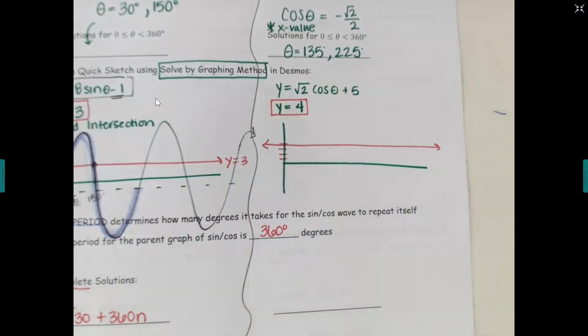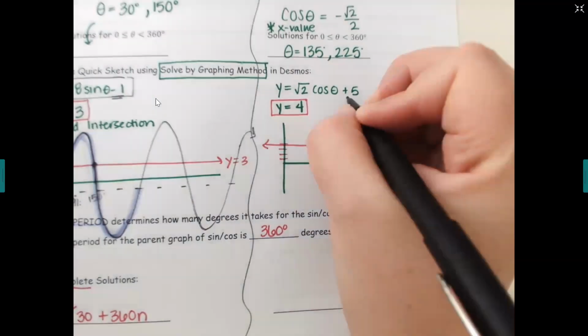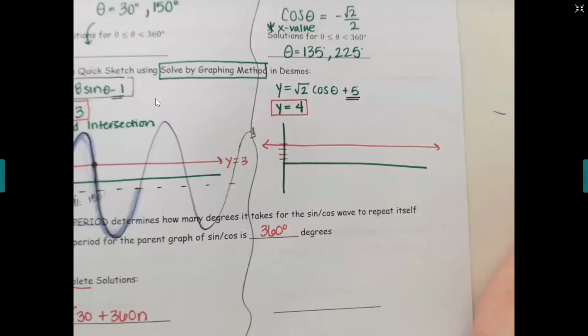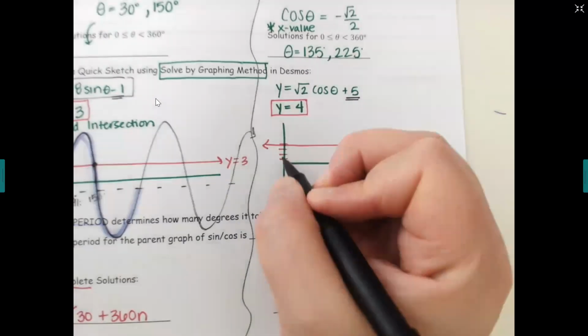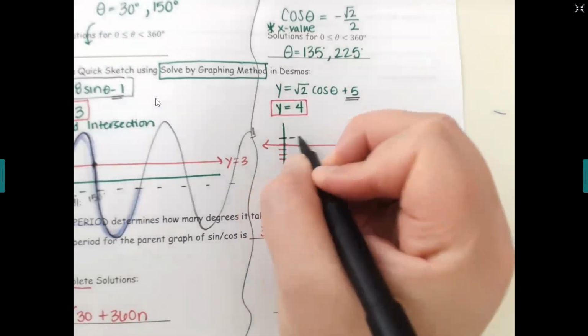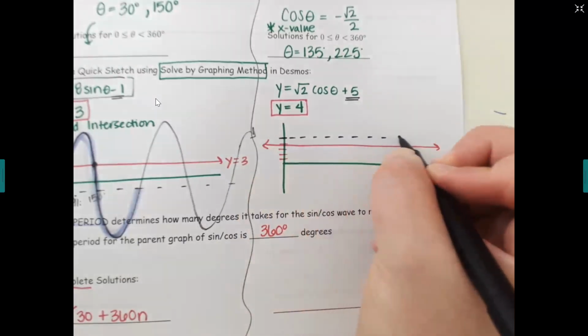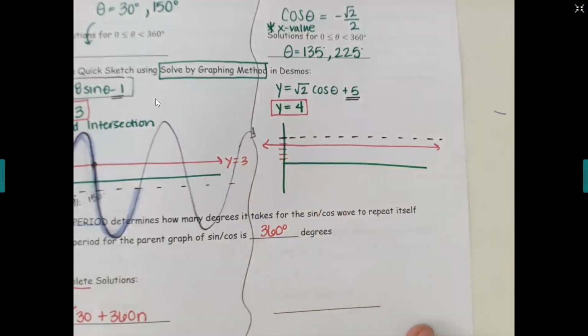Okay, if you look back over at the board over there, cosine is the blue parent graph. You'll notice that it's still a wave, but for the cosine wave, you start at the top, you go way down low and then way back up. But it's the same thing. So what do you think the plus 5 at the back does? Up 5. So if this is 4, 5 would be right here. Do a dotted line to represent the center of the wave.